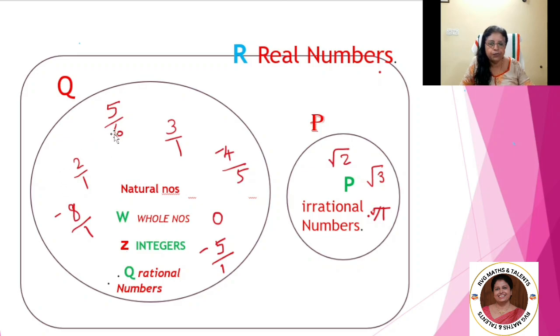Examples of rational numbers we have already seen: 5 by 6, 2 by 1, 3 by 1, negative 4 by 5, 0 by 1, etc. All these are rational numbers, and root 2, root 3, pi, etc. are irrational numbers. They both together form real numbers, and real numbers are denoted by R.